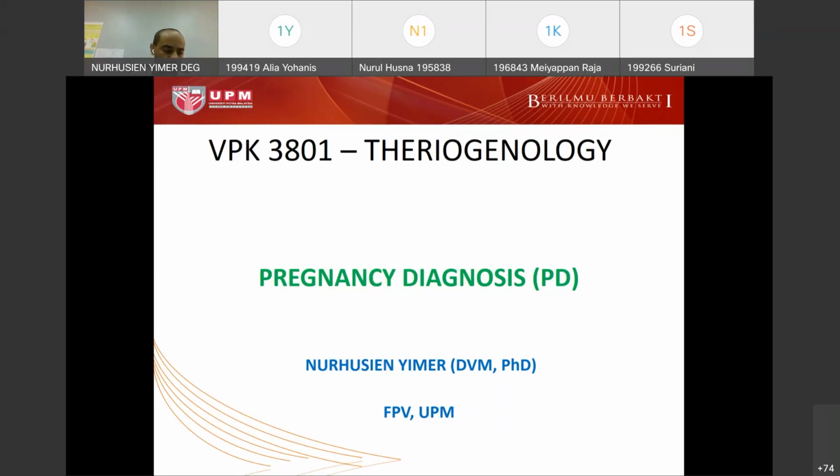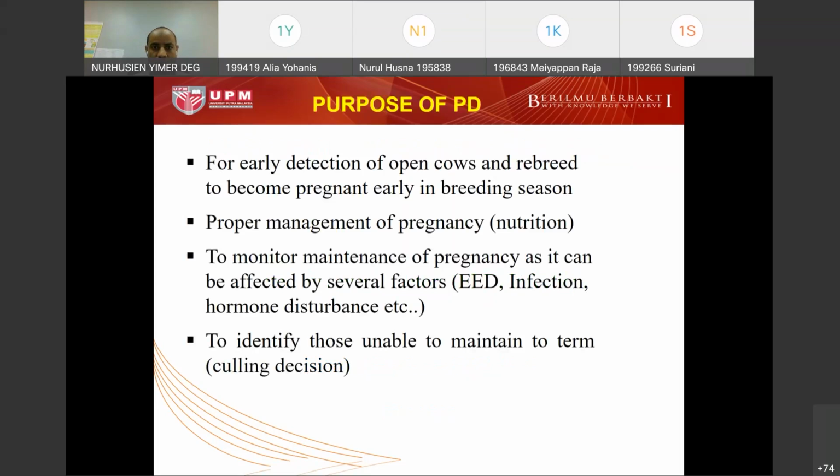So during pregnancy, obviously, there will be a need for us to know whether that animal has actually established a viable pregnancy or not after breeding, right? And this is a very important part of reproductive management in breeding programs or in farms. So we start by discussing a bit on the main objective or the purpose of conducting pregnancy diagnosis in a given farm, all right?